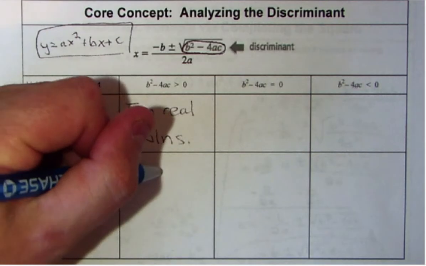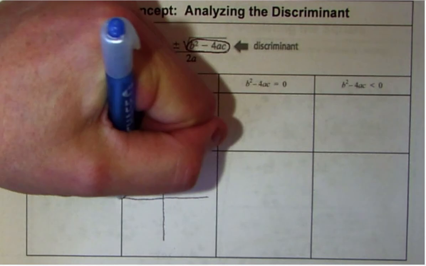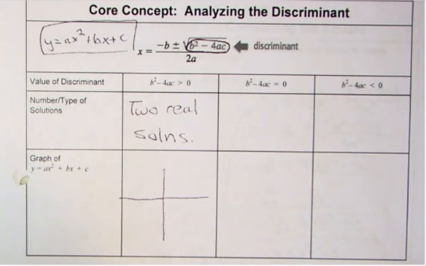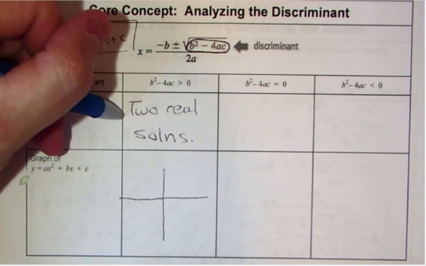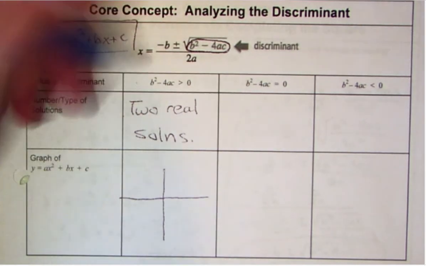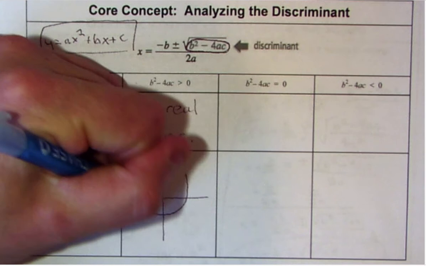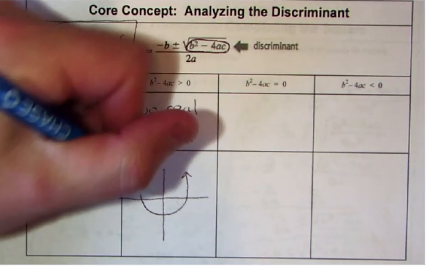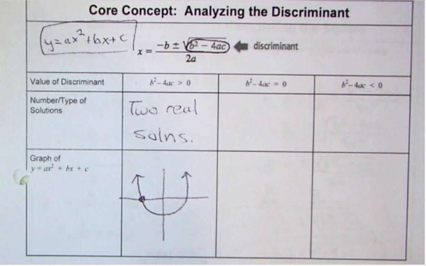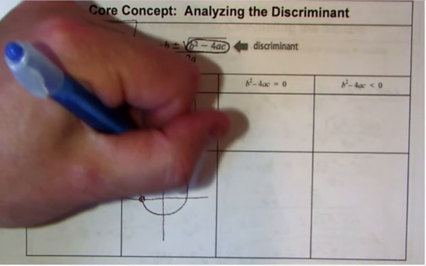Now, what does that look like? Remember, solutions on the graph are x-intercepts. When you solve these by graphing, you're looking at where it crosses the x-axis. So anytime you have 2 real solutions, anytime the discriminant is greater than 0, your graph is going to cross the x-axis in 2 different places. I put one on the left side of the y-axis and one on the right side.